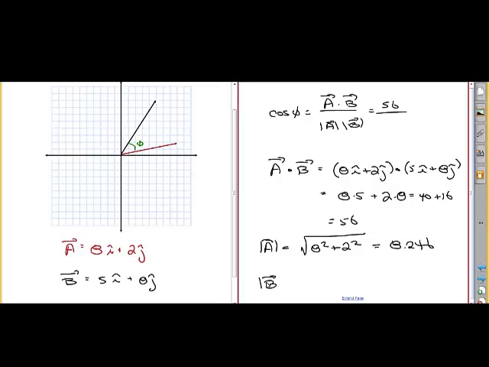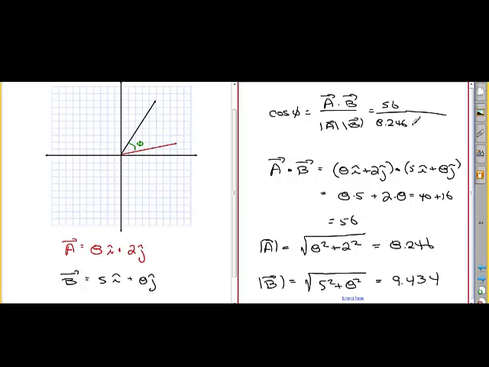And the magnitude of vector B is equal to the square root of 5 squared plus 8 squared, which is 25 plus 64, which is 89. So it's the square root of 89, which is 9.434. So I can put those up here.